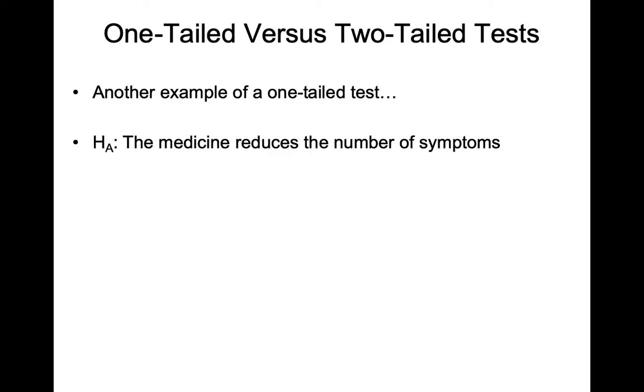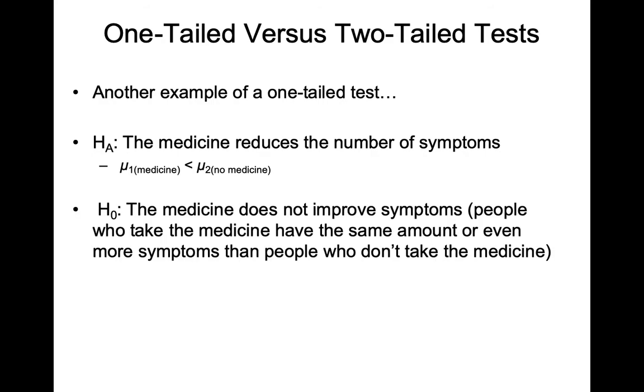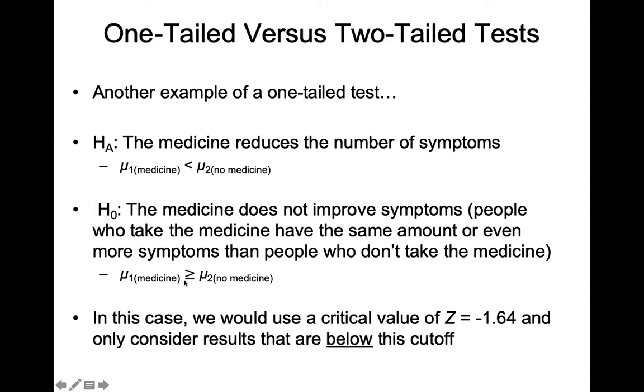Here's another example. We're very confident that the medicine reduces the number of symptoms. In symbols, the average number of symptoms for people that take medicine is less than the average number of symptoms for people that don't take medicine. Null hypothesis, medicine does not improve symptoms, so that taking the medicine actually results in a greater than or equal amount of symptoms.